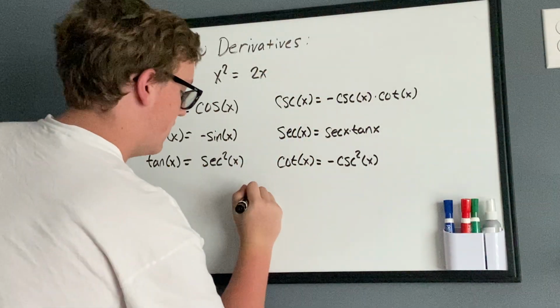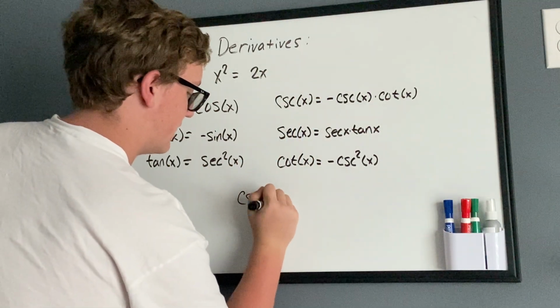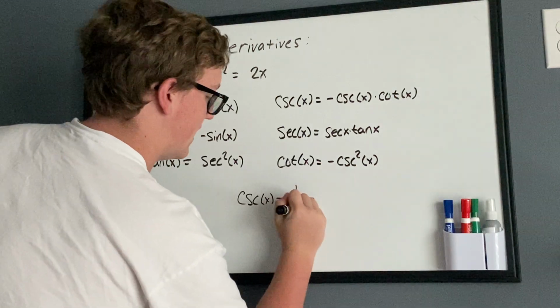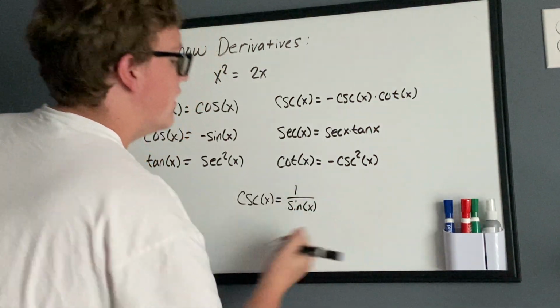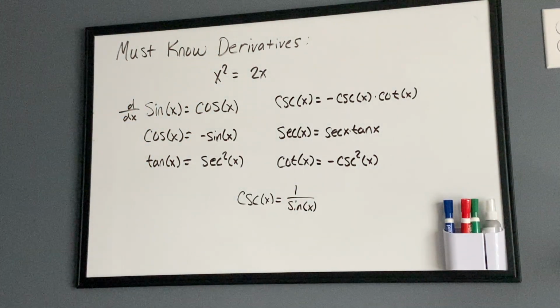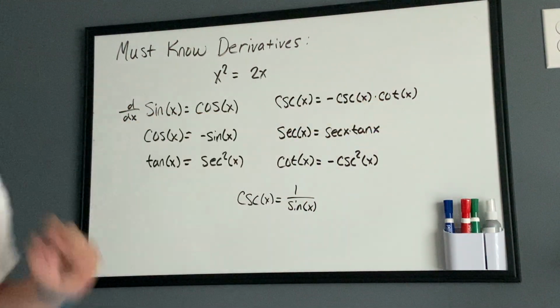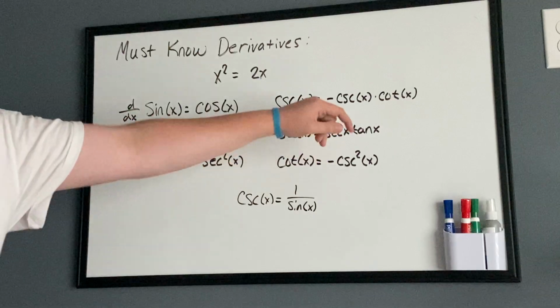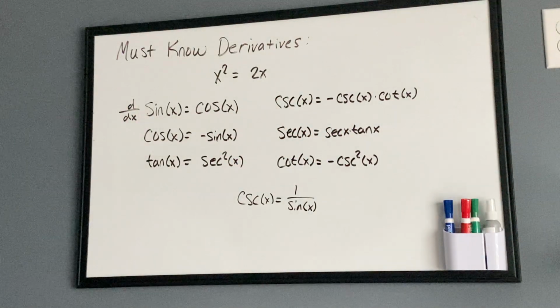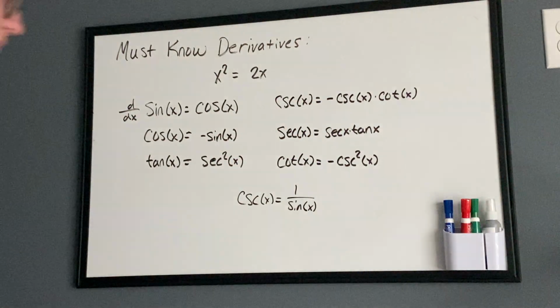So we know that cosecant of x is equal to 1 over sine of x. Later on, you'll be able to use the quotient rule and find out that the derivative of this is equal to that. But right now, it's just important to have these down to memory.